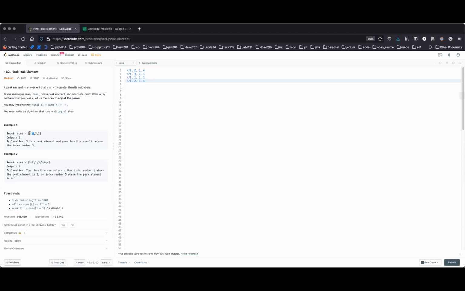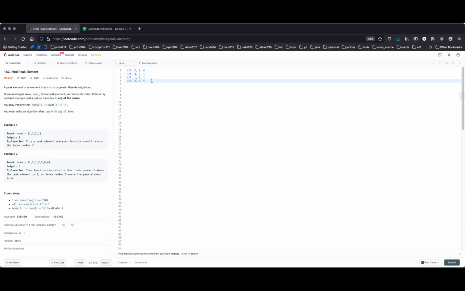When you compare with the left one it's higher, but when you compare it with the right, it's smaller. But if you take 3, 2 is lower and 1 is lower. That's how you need to find the peak. The same thing is applicable to this example also. We can go one by one to find out what the peak is. Is there any question, or if anyone's not clear what the problem is, I can try to explain.